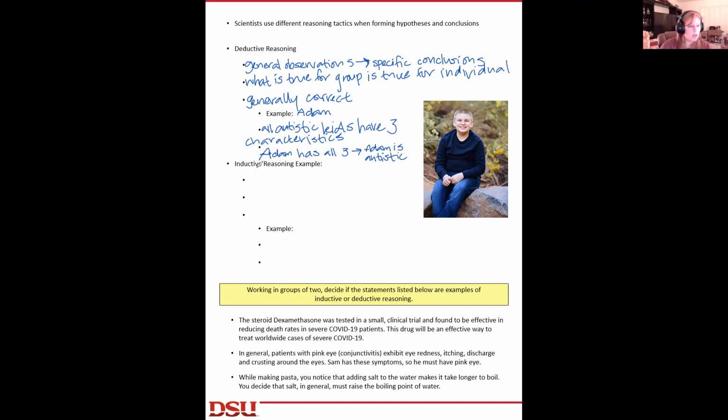Inductive reasoning is pretty much the opposite. It goes the opposite direction. You've got specific observations. You take those specific observations to create a general conclusion.